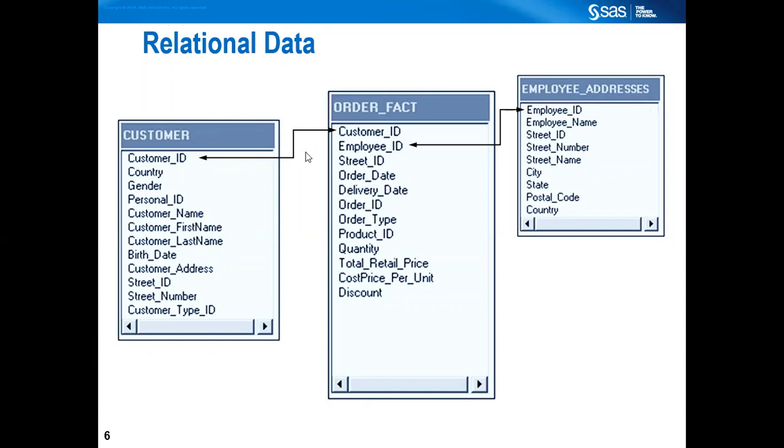But yes, if customer and order fact are connected by customer ID, then employee ID, which is part of your order data, gives an intermediate link. So employee ID will be indirectly connected to customer ID, and the same customer ID is indirectly connected to address. So hence this type of information, when it is saved in your databases, is termed relational data.